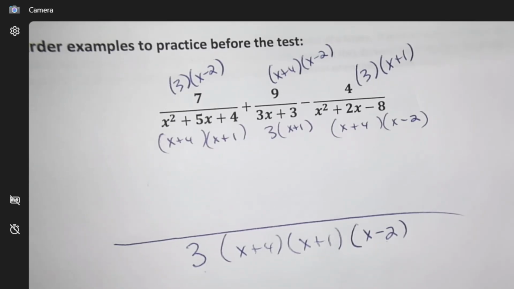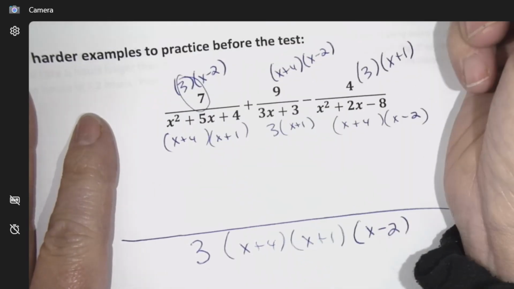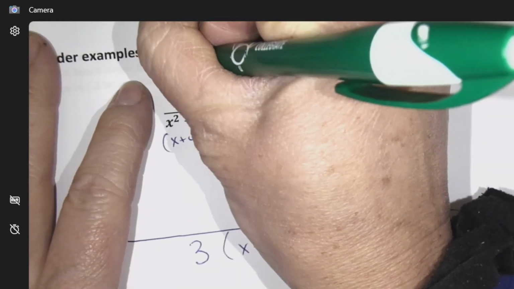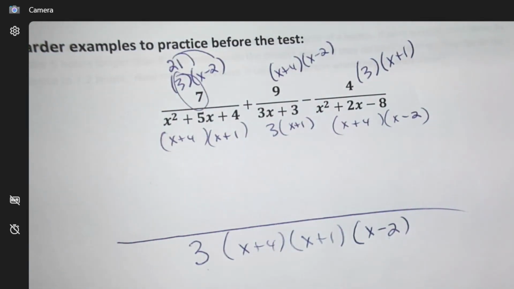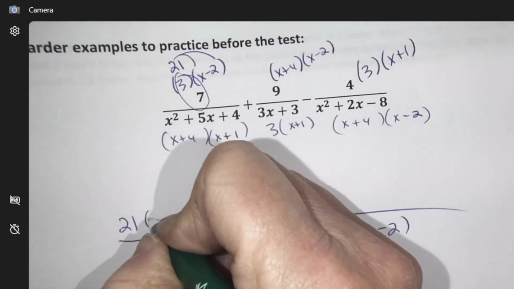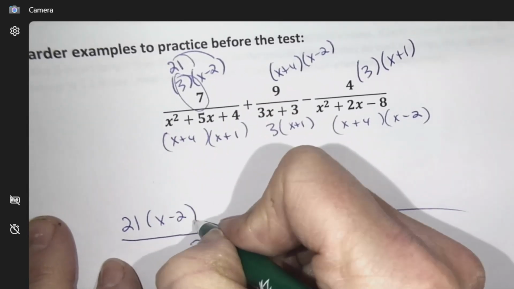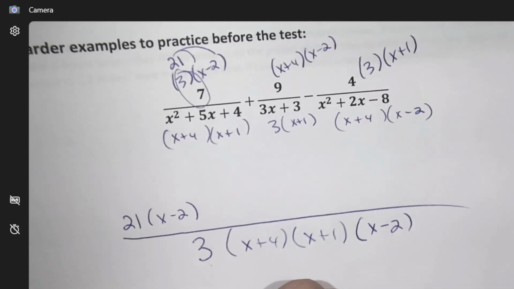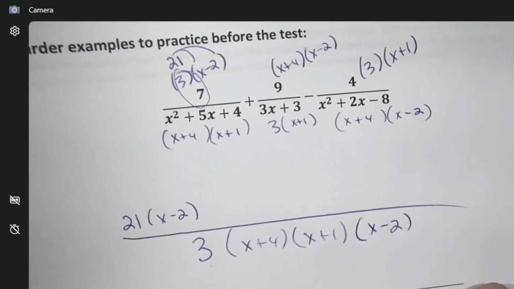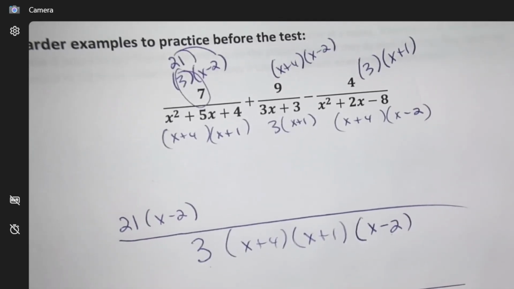Okay, so what I'm going to do on the first one is I'm going to pick 3 and 7 to make a 21 and then multiply. Okay, so 21x minus 42. That was the first one.